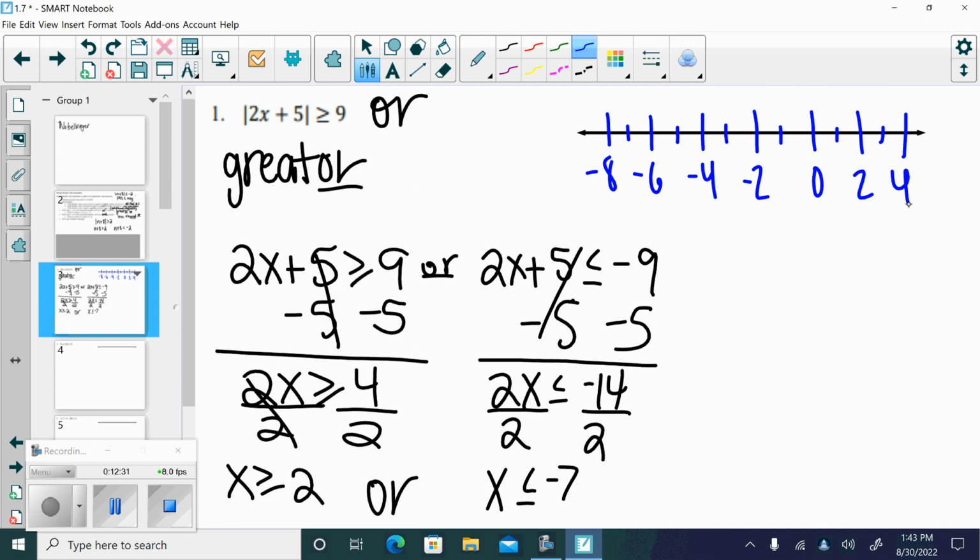Open or closed? Closed. In which direction am I going to point? Right, because it's greater than or equal to. And then less than or equal to negative 7. Open or closed? And pointing left. Yes. Okay.